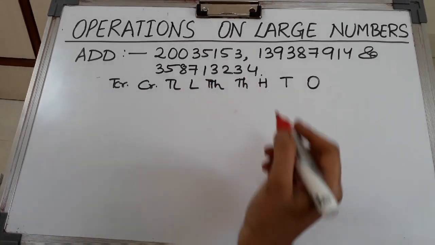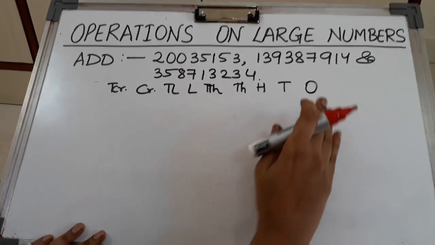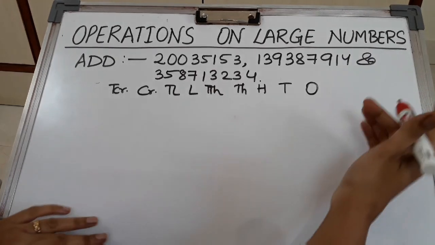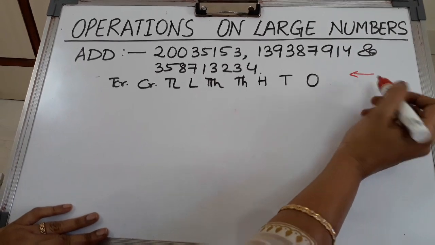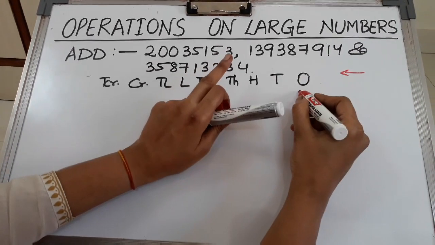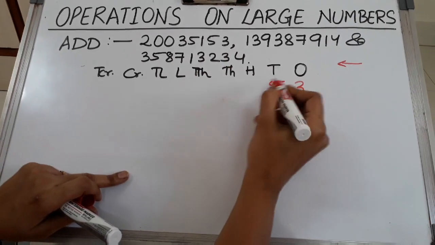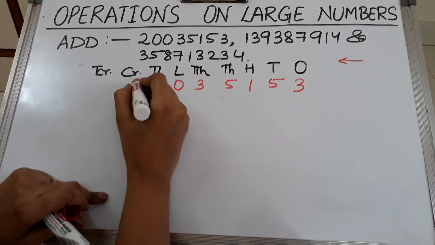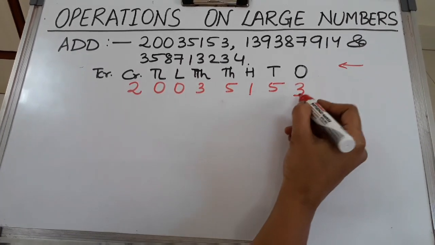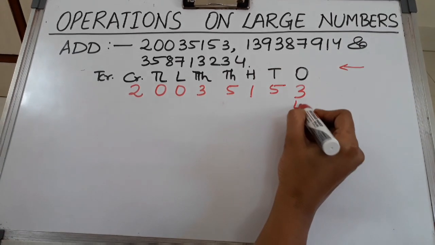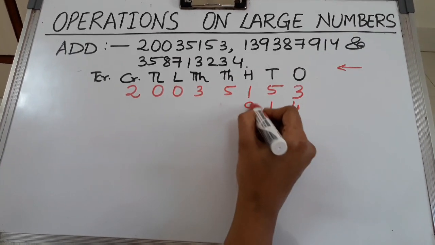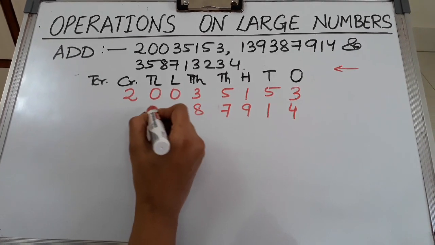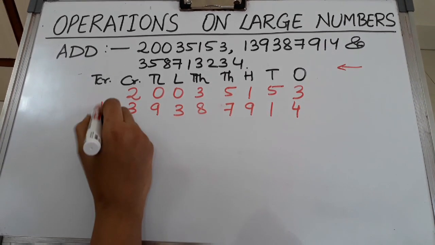Very important to note: we have to start with the ones place. When we write the question, we have to write from the ones place, from back, right to left. So we will write the numbers here: 3, 5, 1, 5, 3, 0, 0 and 2. Next, again starting from the back: 1, 9, 7, 8, 3, 9, 3, 1.